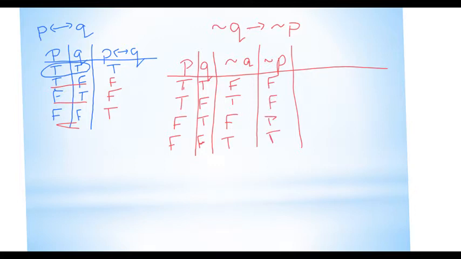And now that I have both of these columns, I can do my last one, which is what I really need: if the negation of Q, then the negation of P. And this is one where it's a little bit harder because it's a conditional statement. You have to look at the order.